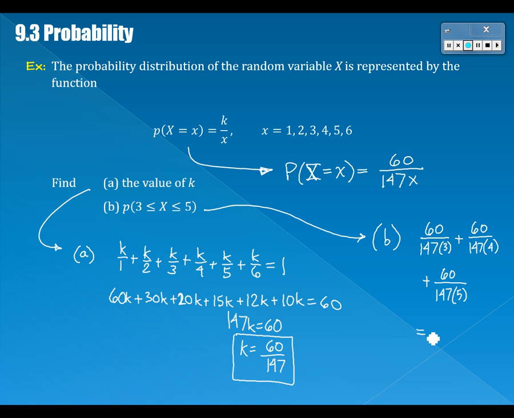Let's see here. We can just do 60 over 147 times 1/3 plus 1/4 plus 1/5 as well. One way or another, please get this answer here.